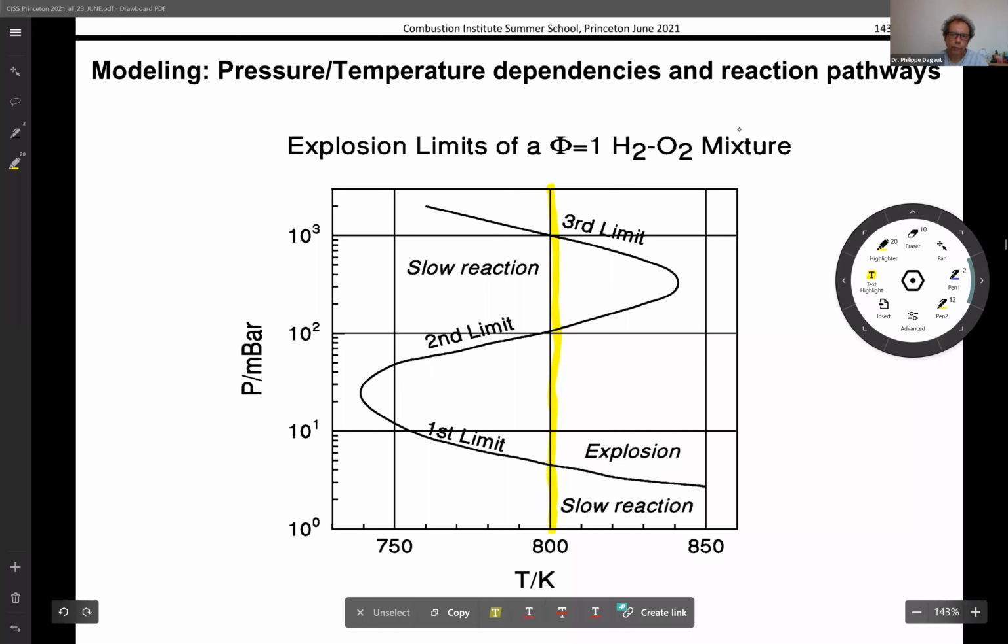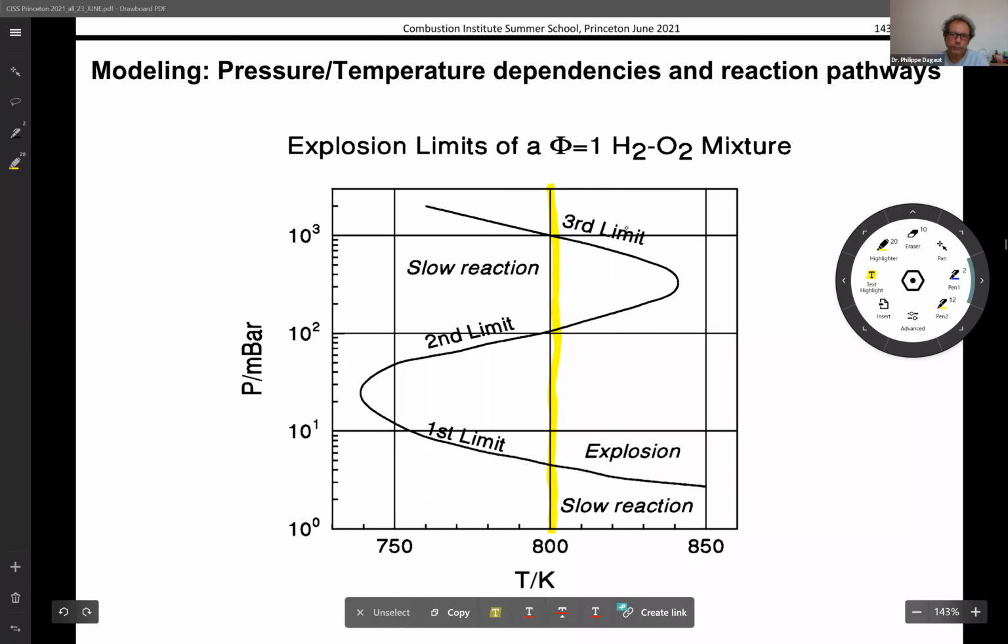So we didn't change the reacting mixture. We stayed at a given temperature. We only changed the pressure, and we can see that the behavior is changing from slow reaction to fast reaction to slow reaction to fast reaction.